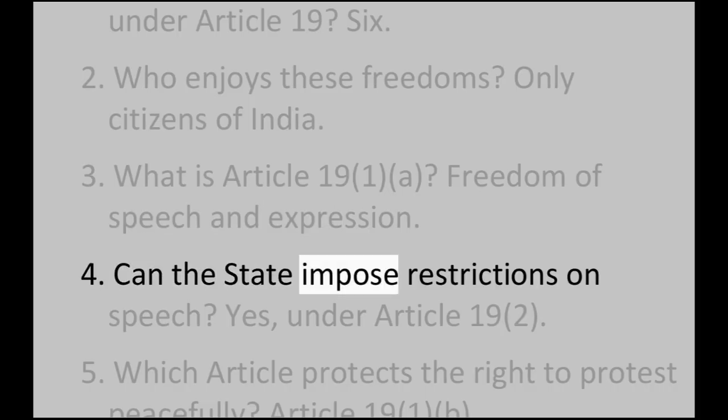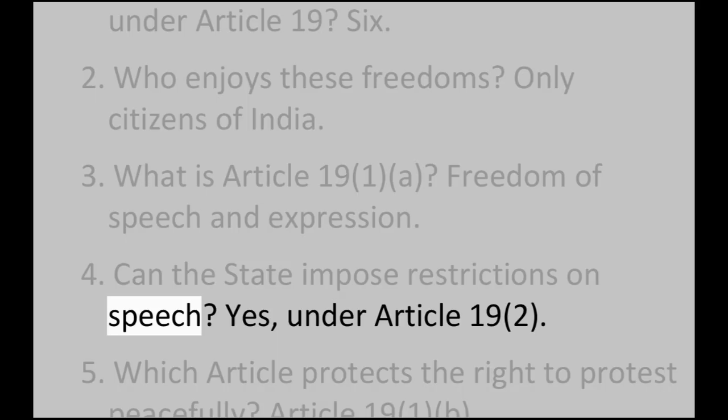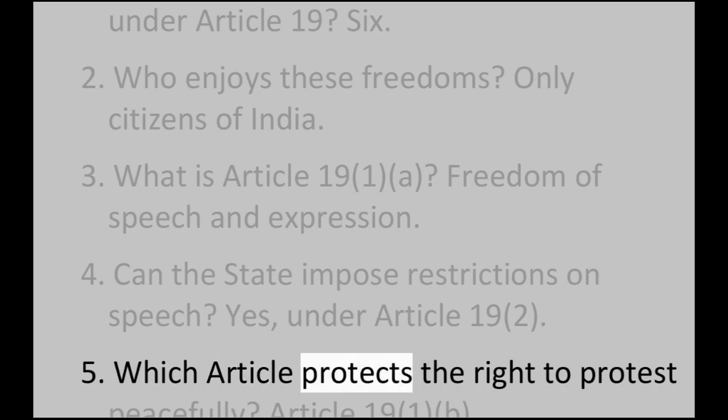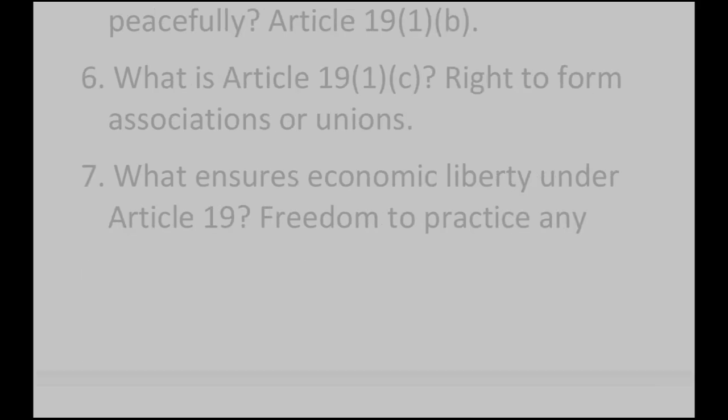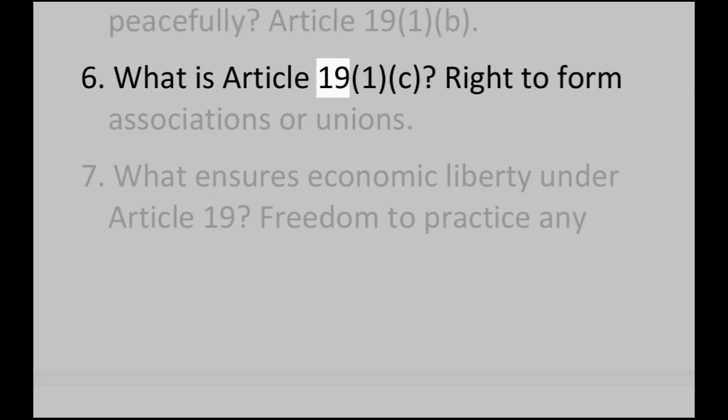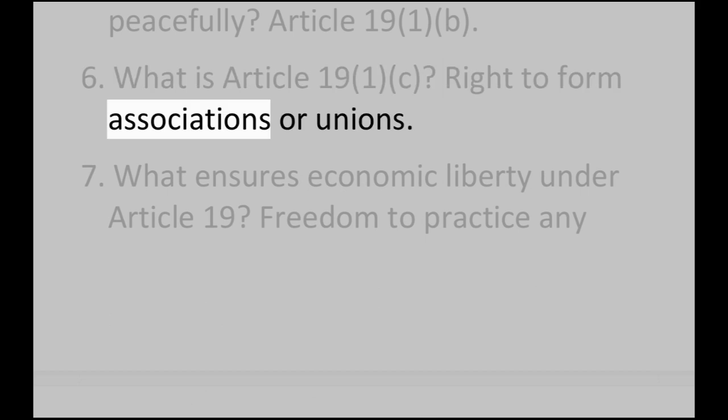Can the state impose restrictions on speech? Yes, under Article 19(2). 5. Which article protects the right to protest peacefully? Article 19(1)(b). 6. What is Article 19(1)(c)? Right to form associations or unions.